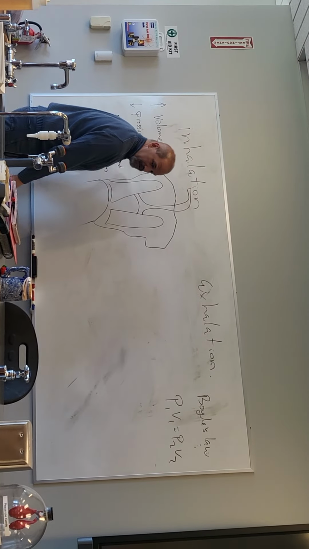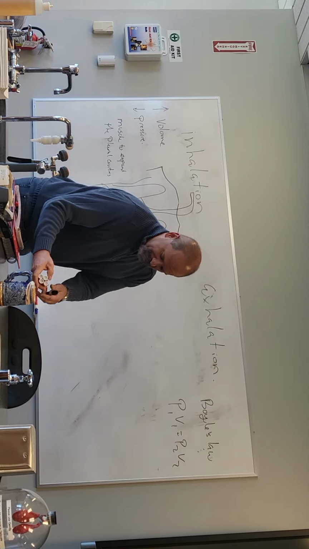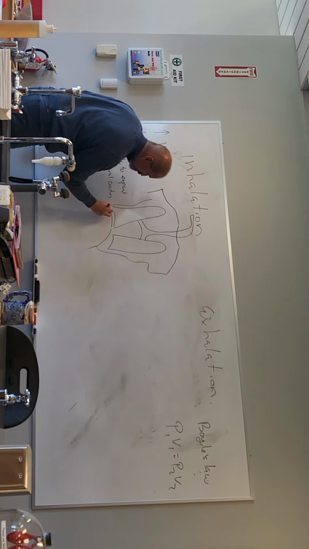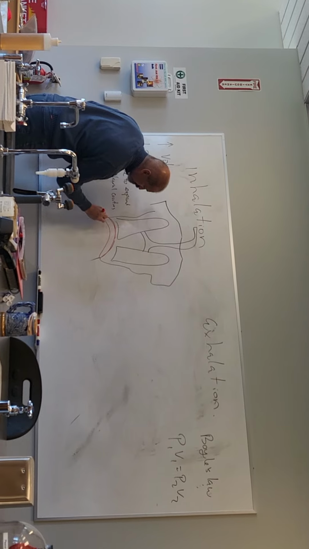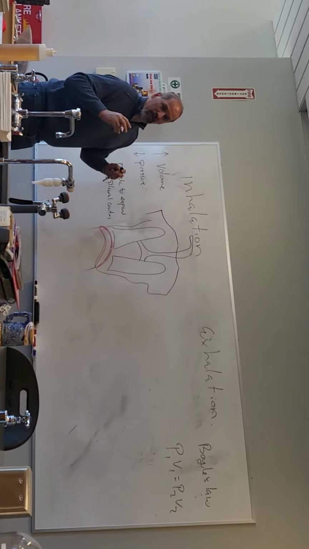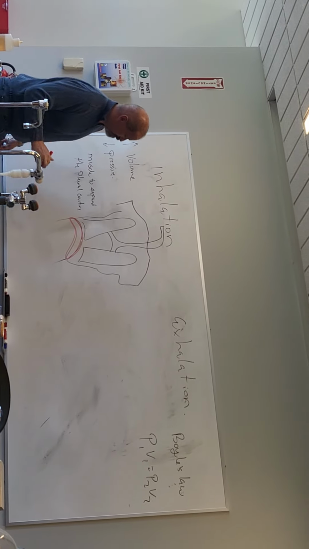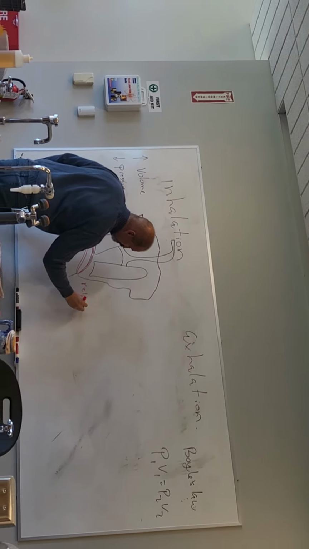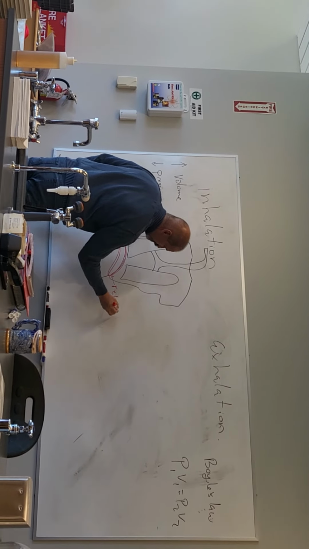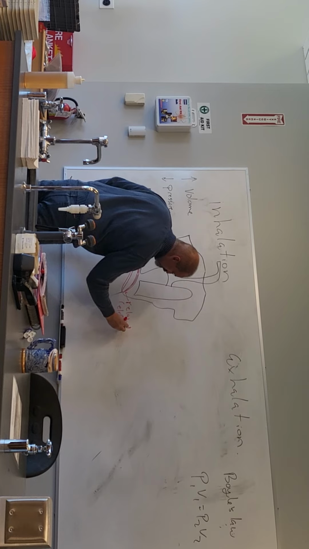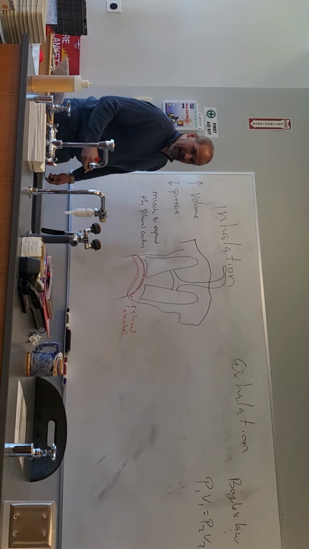So the main muscle that we use is the diaphragm. The diaphragm, when relaxed, is domed up. So we can say that it's elevated. That's the relaxed state for the diaphragm.